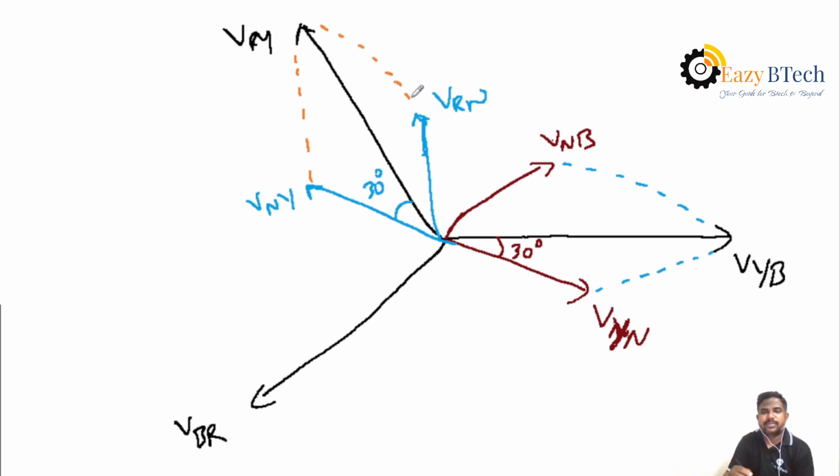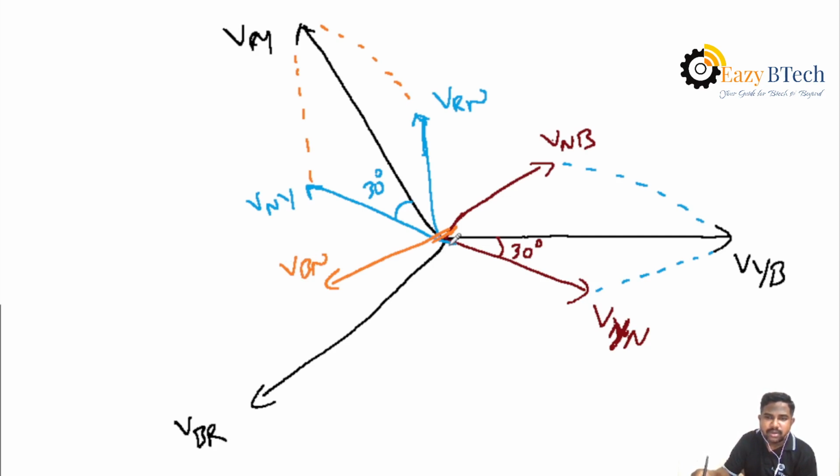In the same manner, VBR. How to obtain VBR? VBN plus VNR. Already we know VNB is there, and that VNB will be reversed, so the vector becomes reversed and it becomes VBN. What is the other vector?